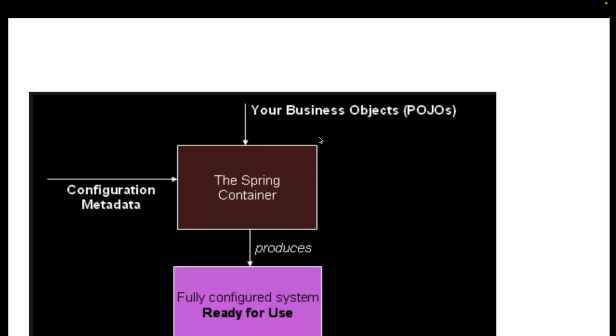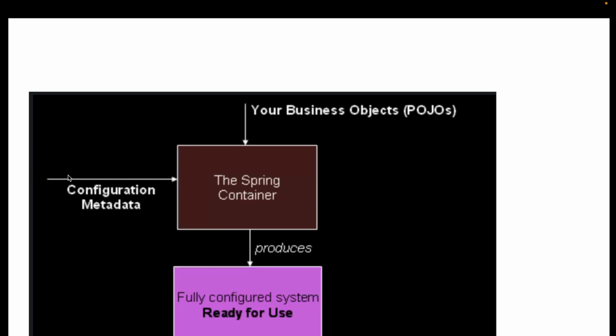So what does your Spring container do? Spring container means the Spring IOC container. This runs whenever you start your Spring Boot application. It needs the help of some configuration metadata.